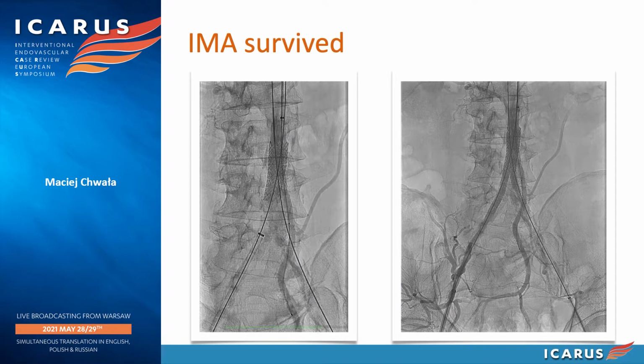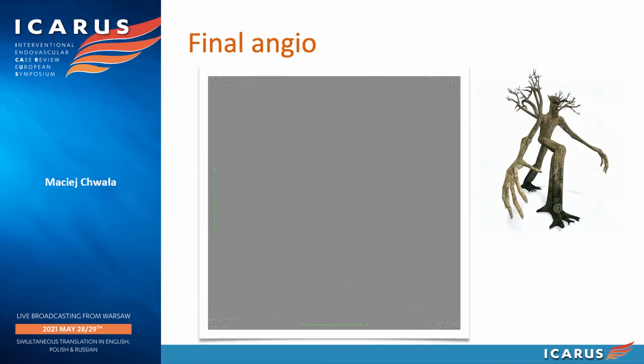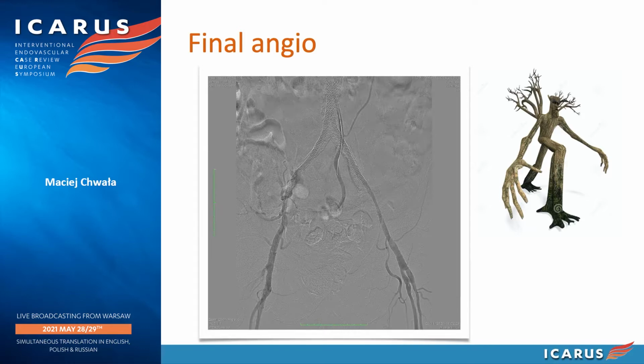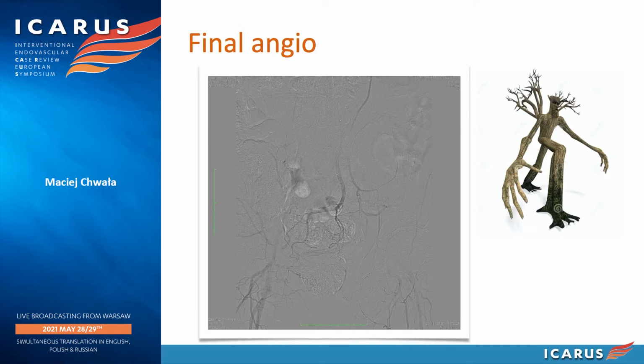As we can see here, we managed to protect the inferior mesenteric artery, and it is quite an important vessel because the internal iliac arteries are not very well developed in this patient. In the final graphy, we can see all this pelvic circulation dependent on the inferior mesenteric artery.